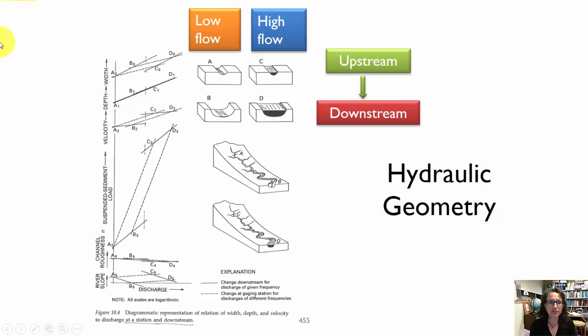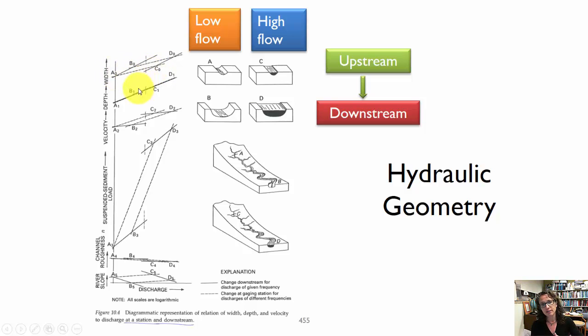All right, so this is a similar diagram to one we looked at earlier, looking at the at-a-station versus downstream hydraulic geometry equations. So the downstream equations are represented by the solid lines, and the at-a-station hydraulic geometry equations are represented by the dashed lines.